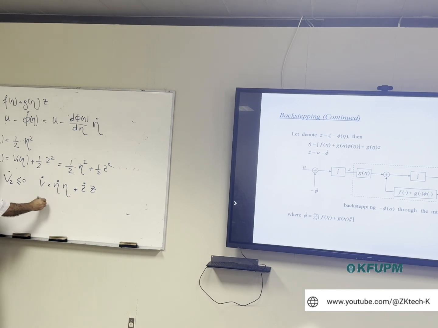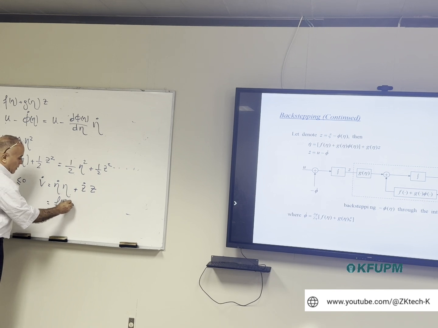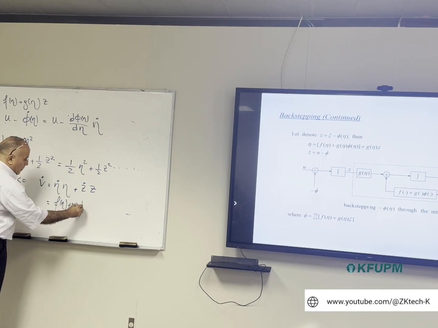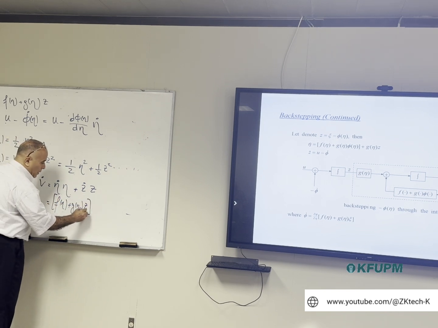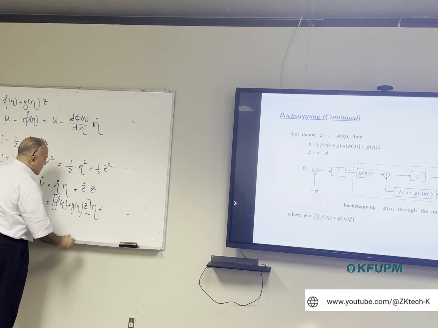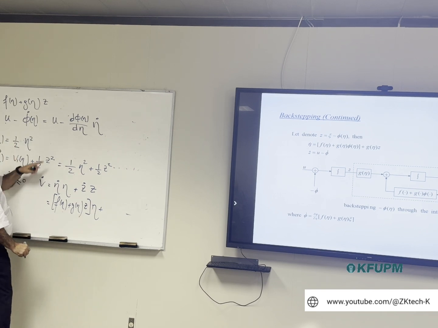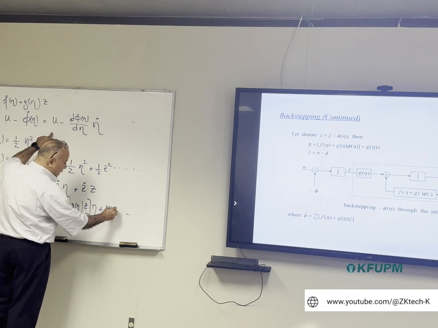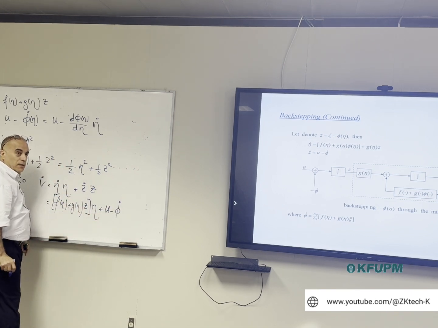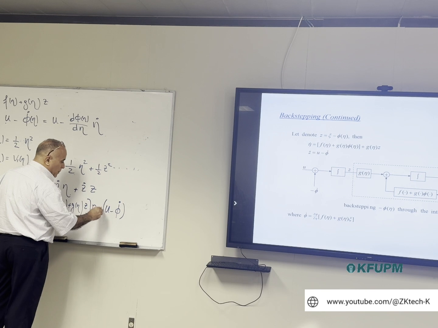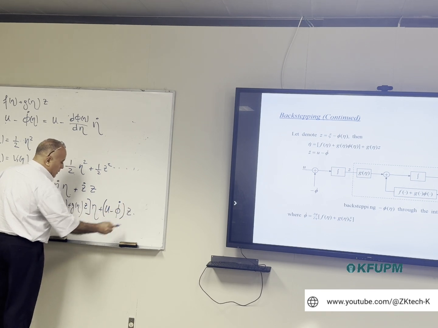Eta prime is given by f of eta plus g of eta multiplied by z, the whole thing multiplied by eta, plus u minus, I'm going to put phi prime here just to make sure that we don't write too much, the whole thing multiplied by z again.